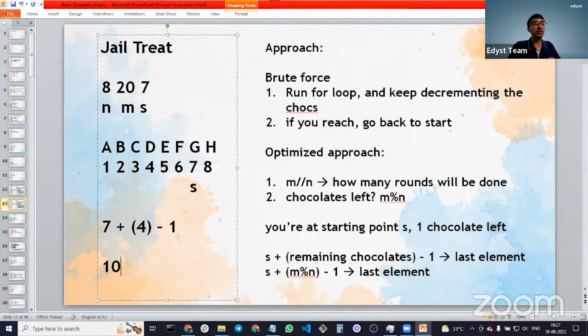No, right? So where should it go? It should have gone to 2, right? So we can just do a modulo N again. That's modulo 8, right? So you have to do another modulo to get the correct answer.